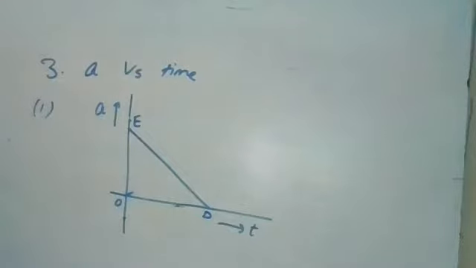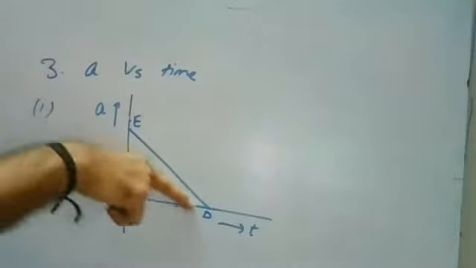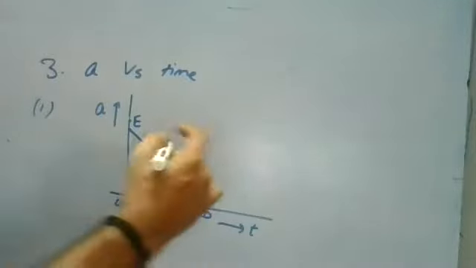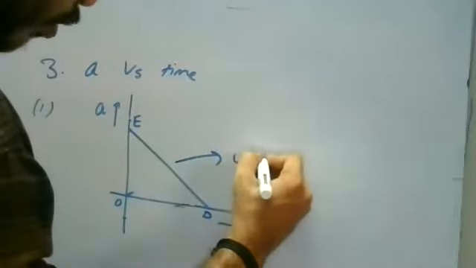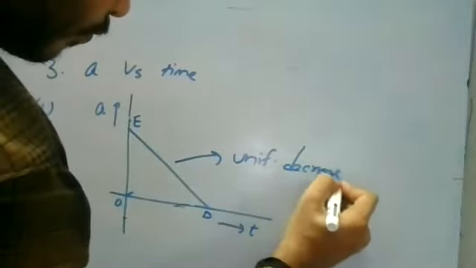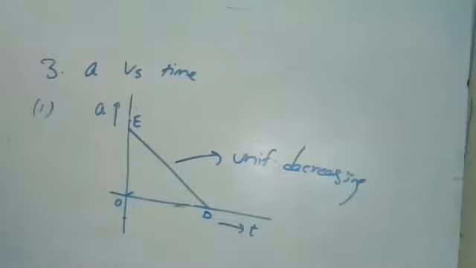When the graph is a straight line having negative slope, remember, it is a negative slope, it was decreasing, then acceleration is uniformly decreasing.